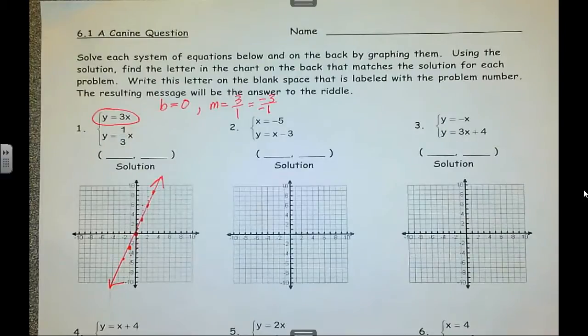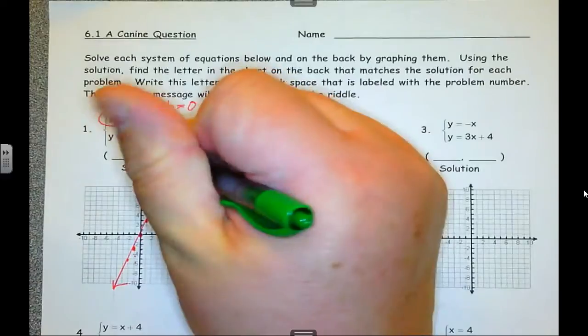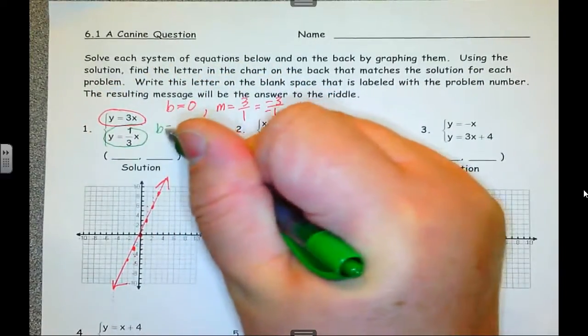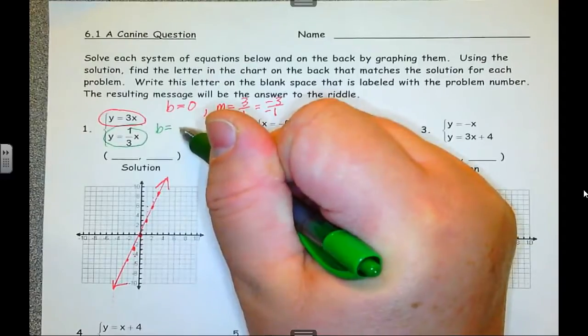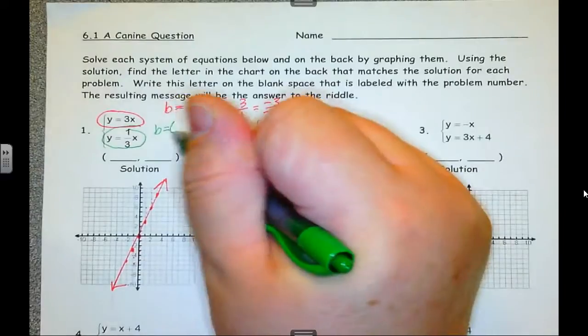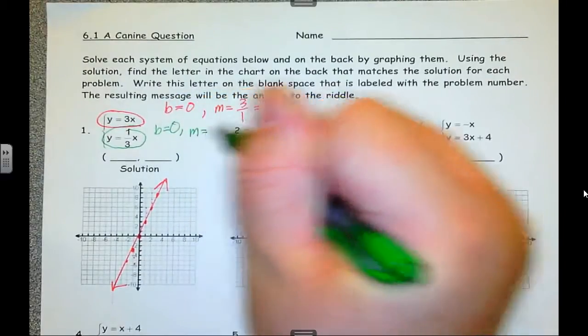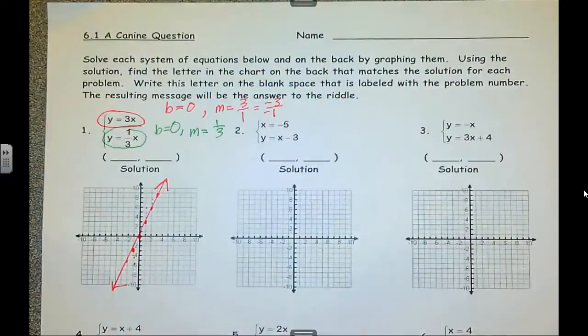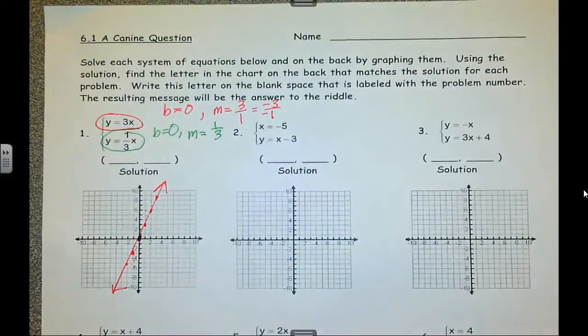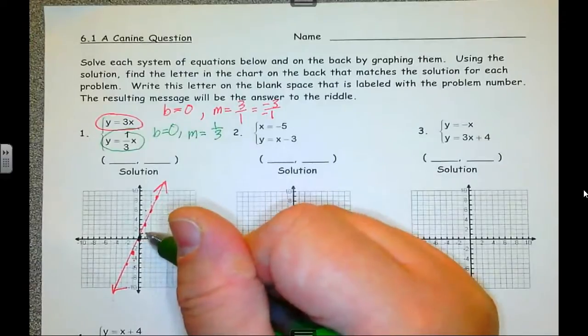Now, my next equation. What's my y-intercept? What am I adding to this? 0. What's my slope? Okay, so again, I'm crossing at 0. I'm going to go up 1 to the right 3.